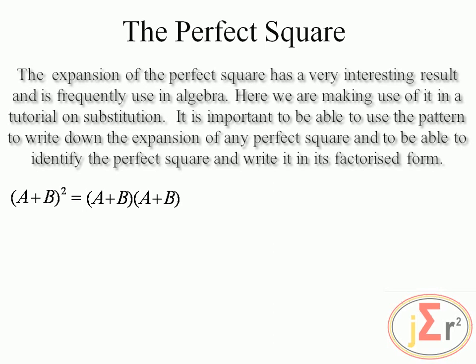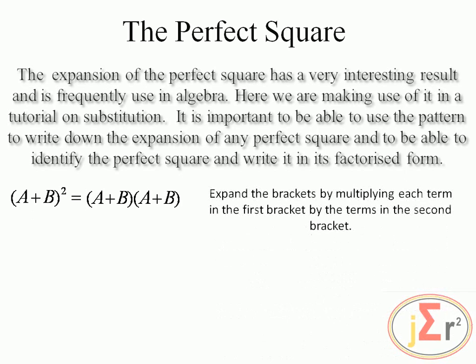And just by looking at the form, we might be able to develop the skill in writing one as the other or in the reverse order. Now we have a perfect square, no doubt. If we have (a + b) all squared, that will be equal to (a + b) multiplied by (a + b).